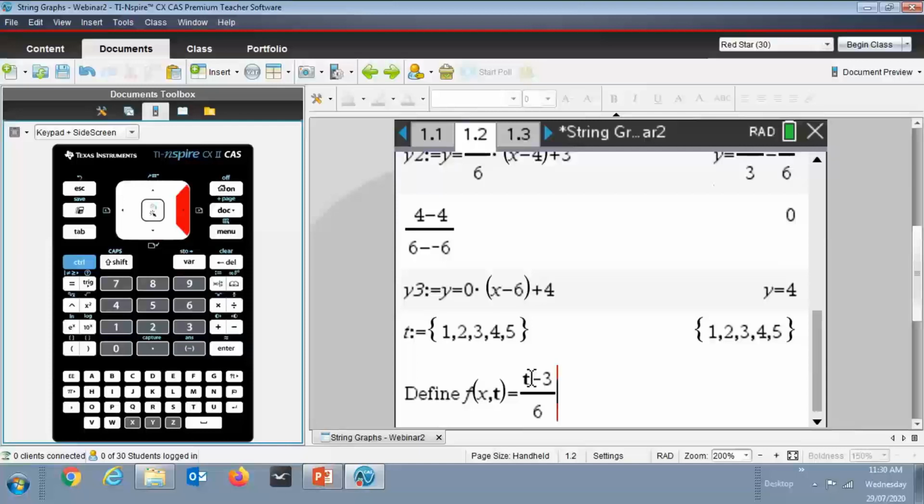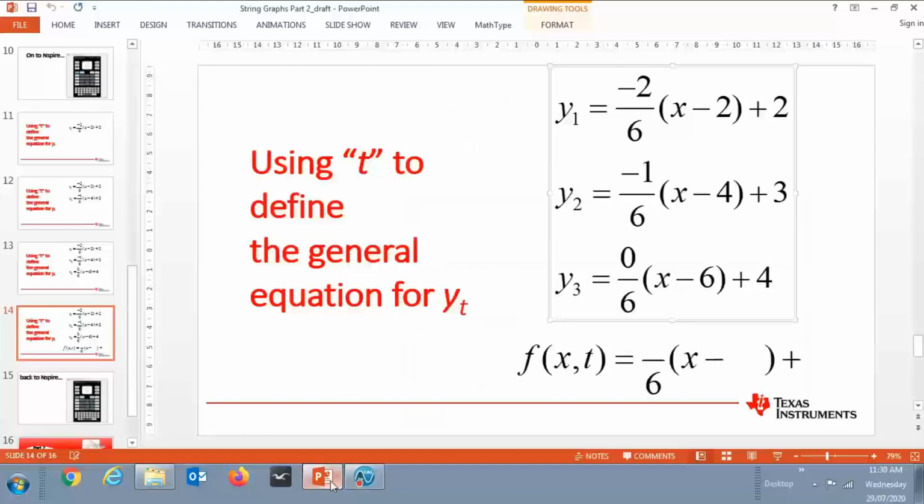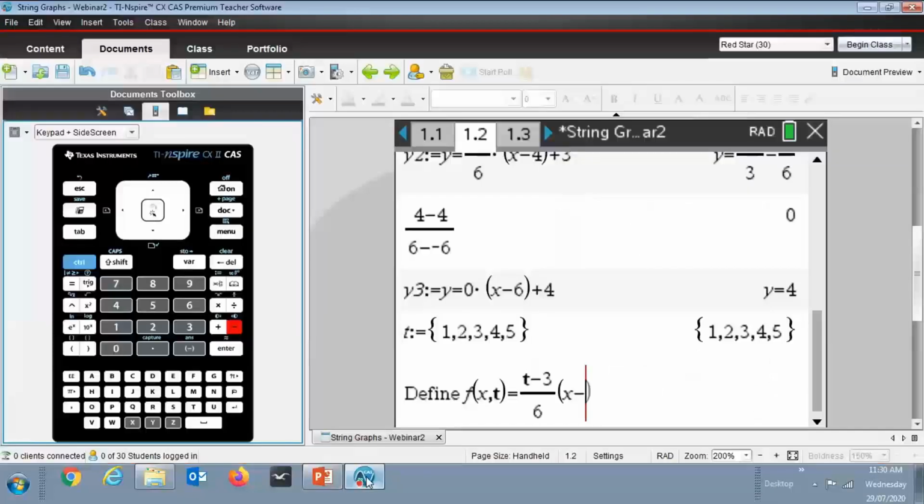So there's our gradient. We open the brackets, and we're going to type x minus. Now, it was x minus, remember again, from the format that we had. We saw the 2, 4, 6. That was the doubling of t. So I'm going to go back here and just write 2t.